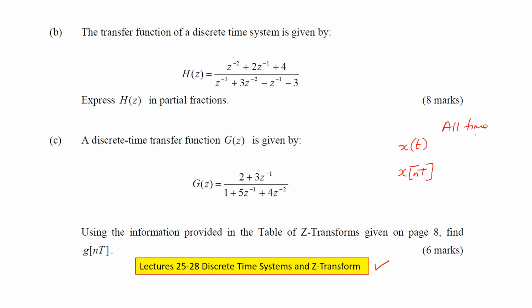And of course, in practical engineering terms, there are certain signals that, although they can exist for all time, start only when we initialize them, and we call those causal.